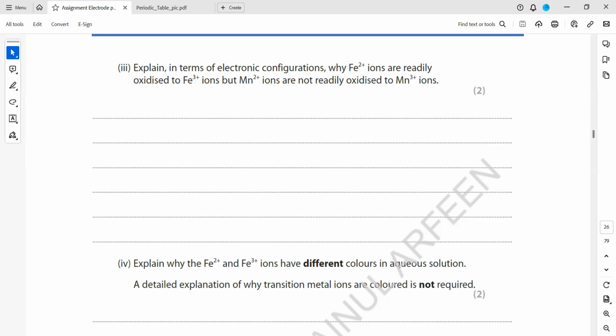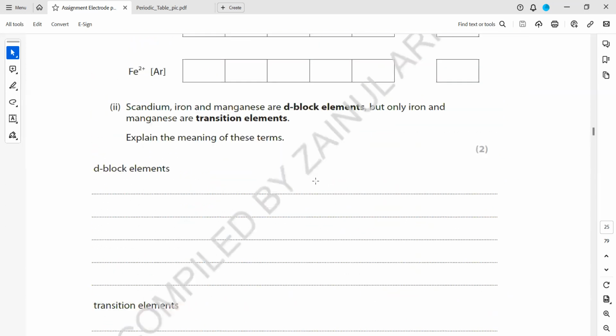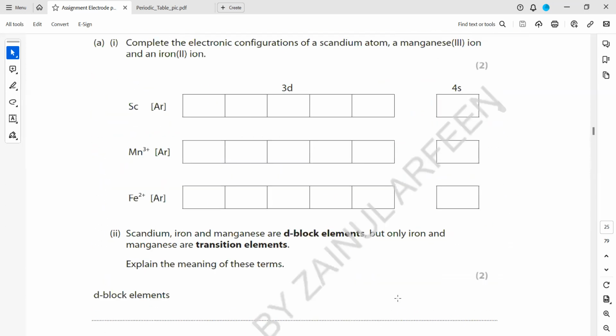As you can see here, when we completed the electronic configuration, it was 26, and 18 is there. So 19, 20, 21, 22, 23, 24, 25, and then 26. When we remove electrons, they are removed from this shell.